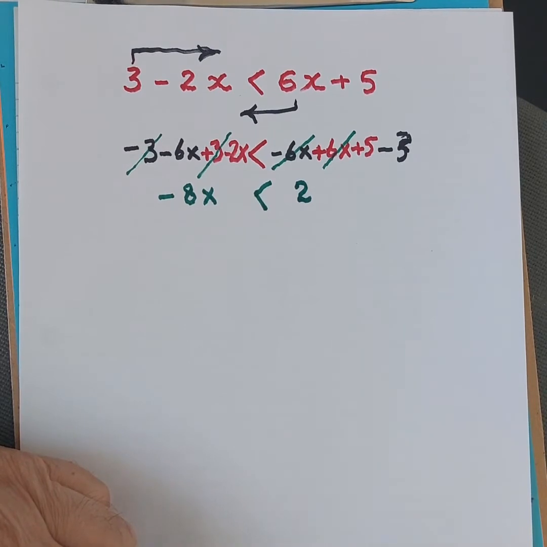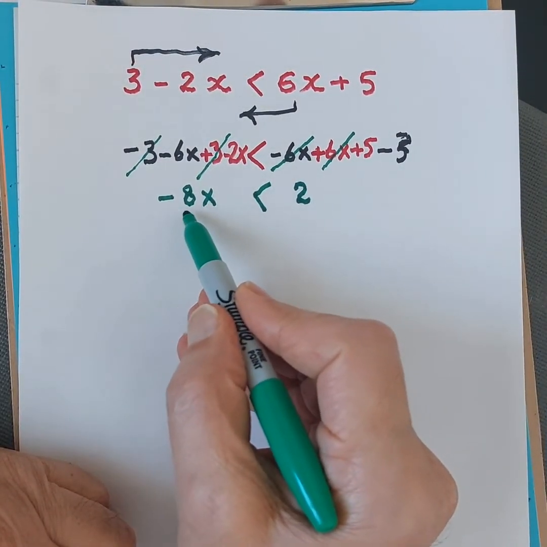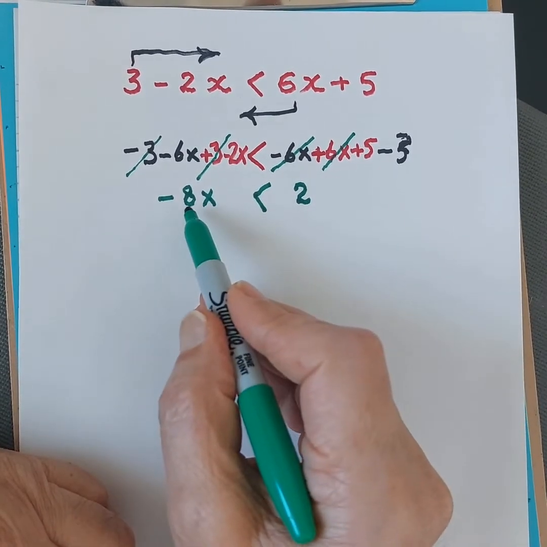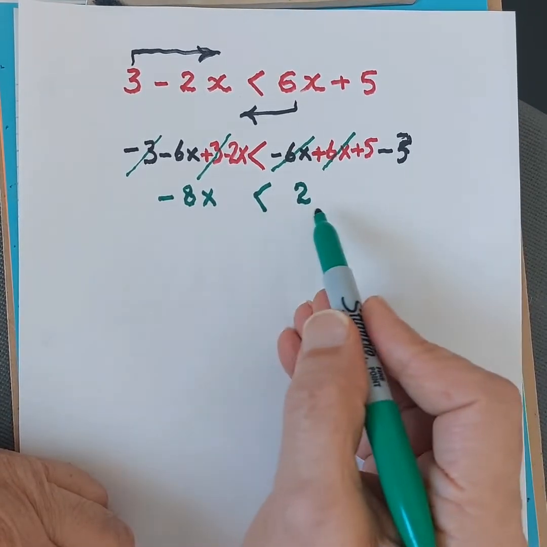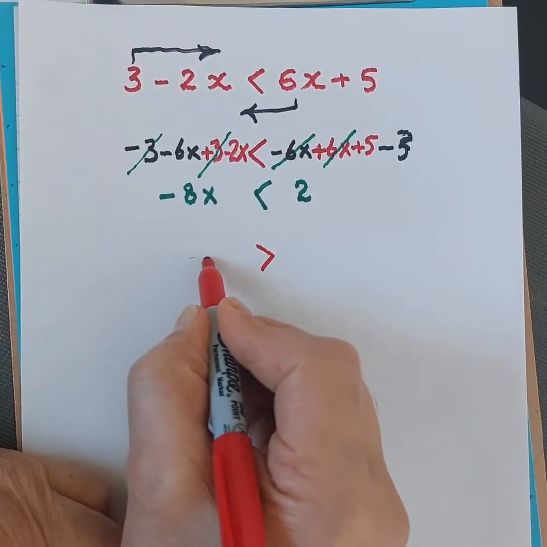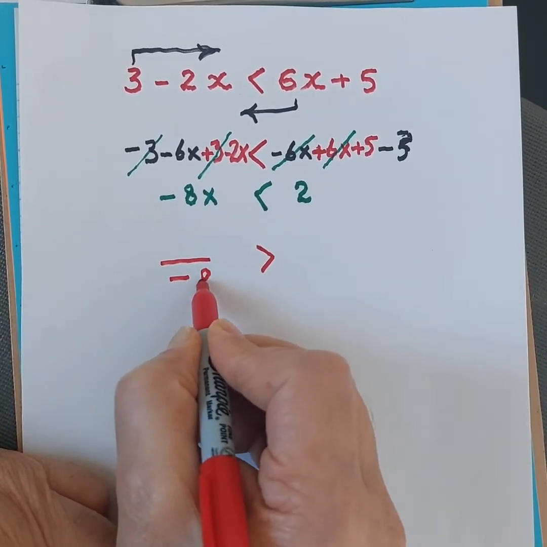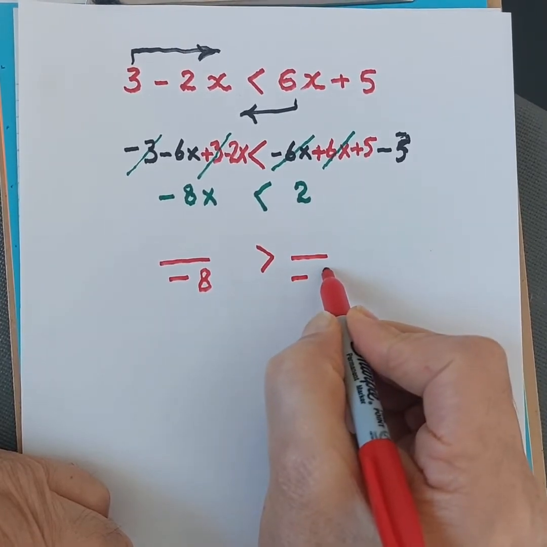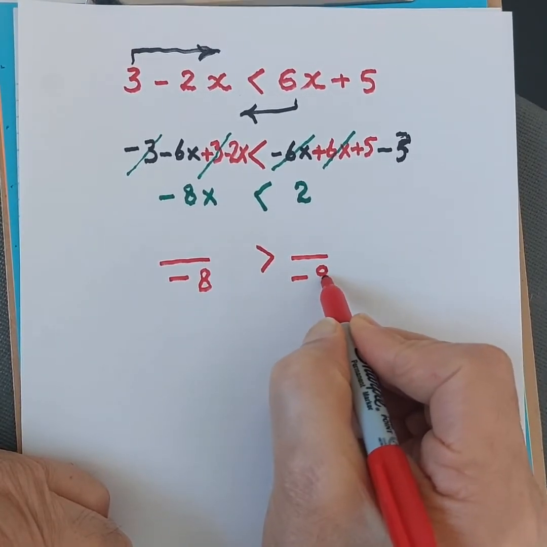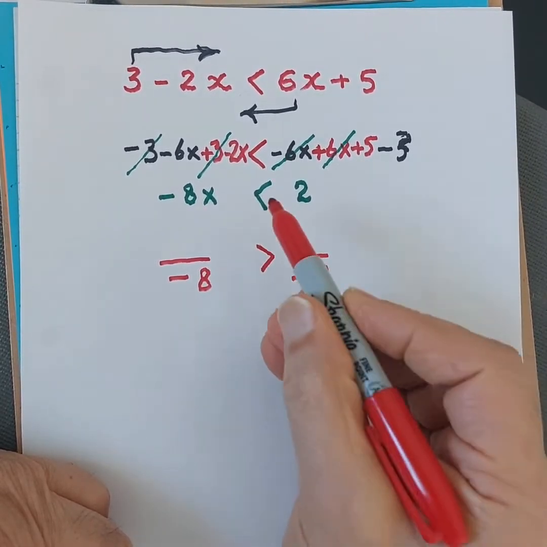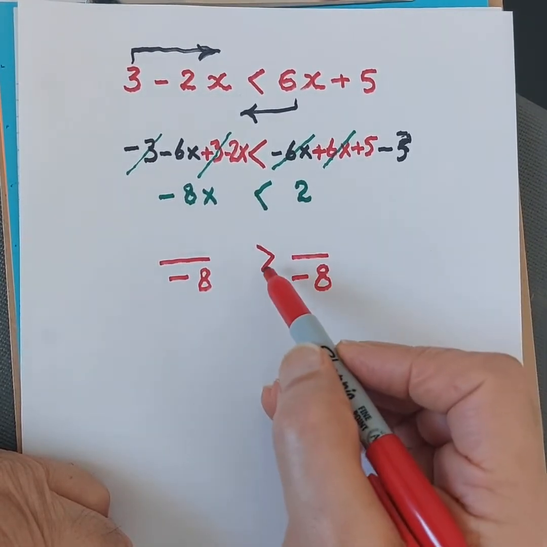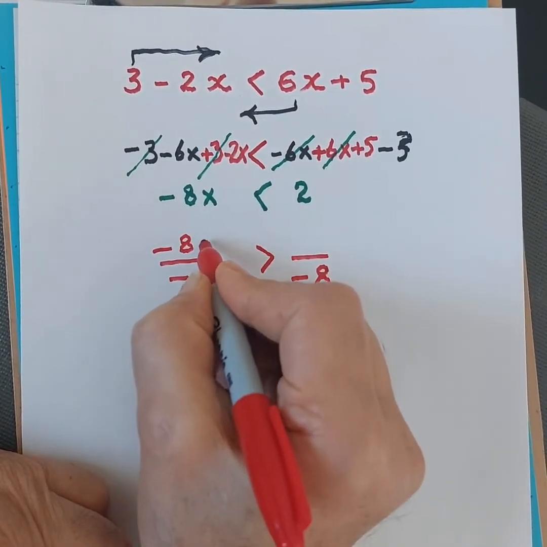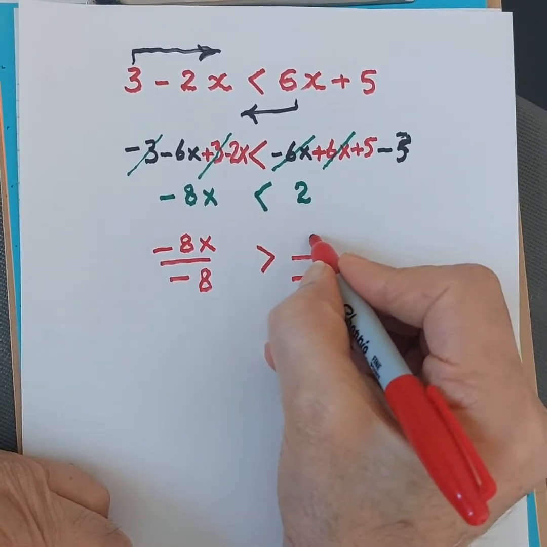After then, we will get rid of the number 8 by making division on negative 8 on both sides. When you multiply or divide on a negative number, you have to change the sign of inequality from less than into greater than. So this becomes x here and here too.